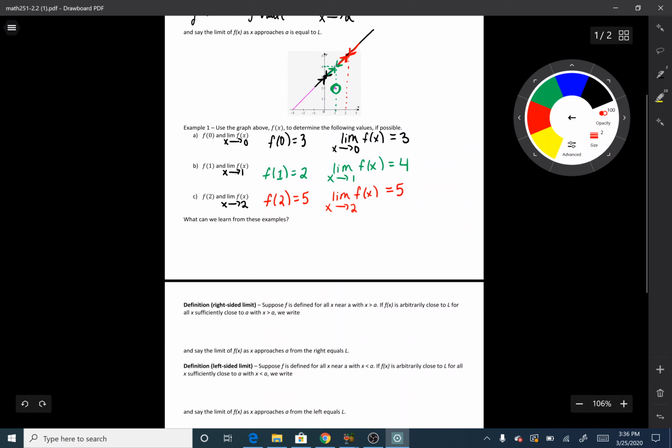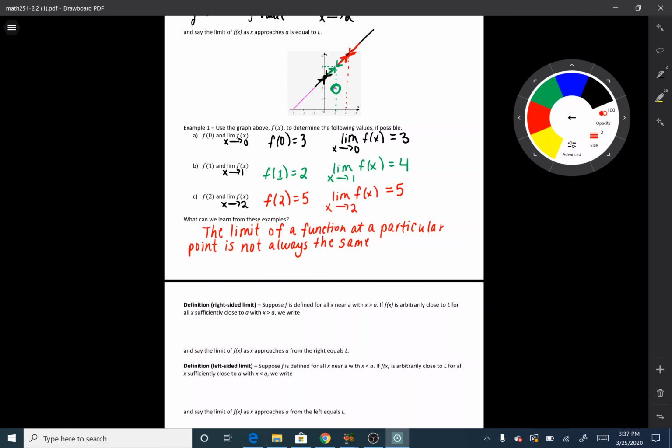So what do these examples tell us? Well, the limit of a function at a particular point is not always the same as the value of the function at that point.